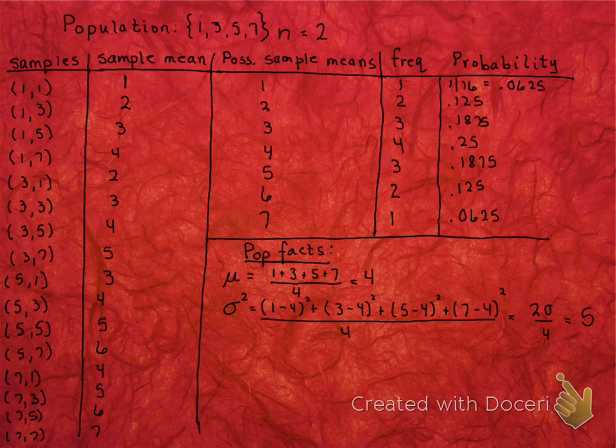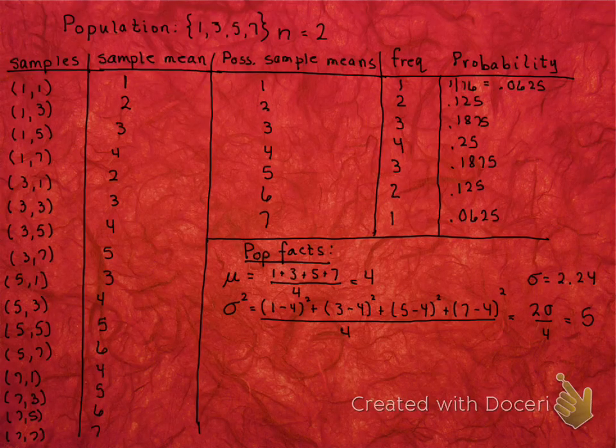So let's find that quick, okay? The standard deviation is the square root of 5, which is 2.24. That's the standard deviation when the variance is 5.